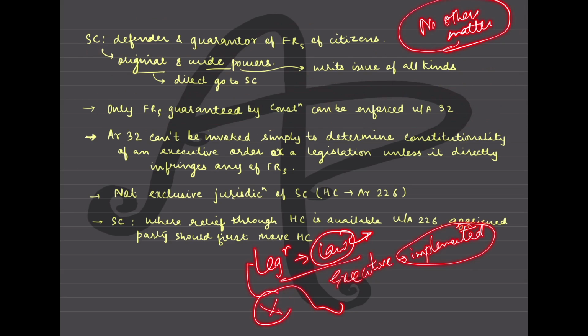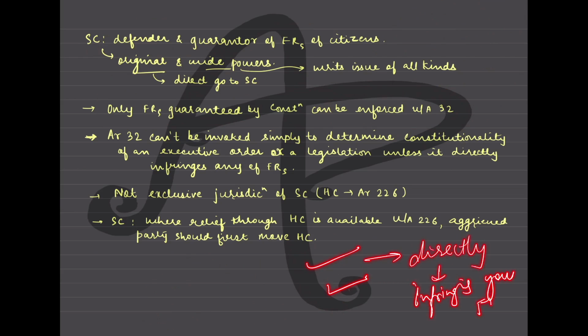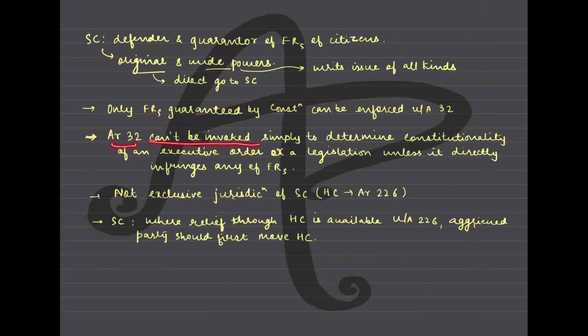Still, you cannot directly go to the Supreme Court under Article 32 until and unless that law or that execution is directly infringing your fundamental right. This is what is written here, that Article 32 cannot be invoked simply to determine the constitutionality of an order or legislation.